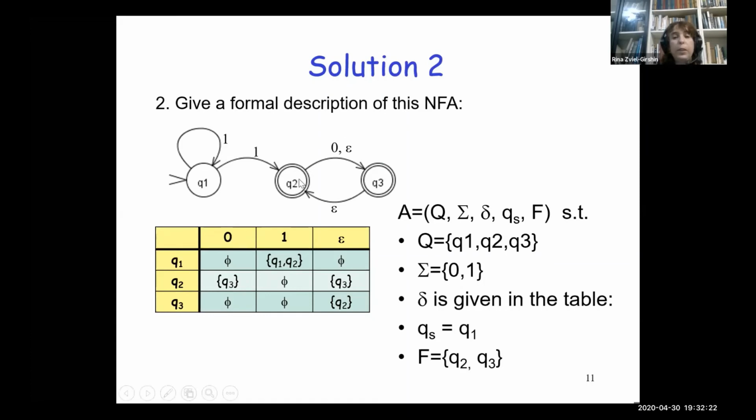Q2 on epsilon, I can move to Q3, but I write it as a set. Okay, Q3, we have only one arrow with epsilon that moves us to state Q2. So Q3 on 0 is an empty set. Q3 on 1 is not defined, an empty set. Q3 on epsilon moves us to a set with Q2 in it. Any questions?